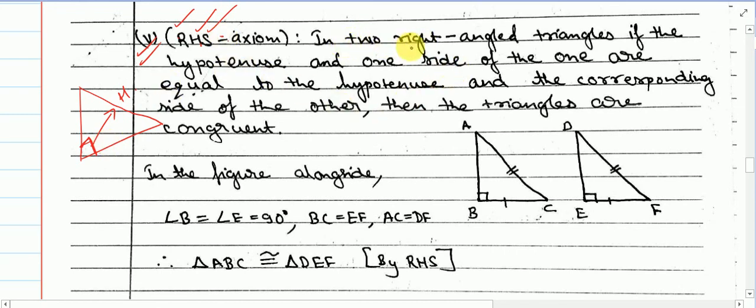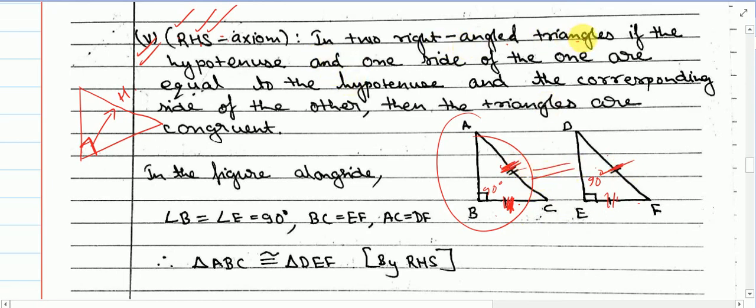Let's say we have got two right angle triangles, like here ABC and DEF, here also 90 degree, here also 90 degree. In two right angle triangles, if the hypotenuse and one side of one triangle are equal to the corresponding hypotenuse and side of the other, like this hypotenuse is equal to this hypotenuse and this side is equal to this side, then we'll say that these two are congruent.